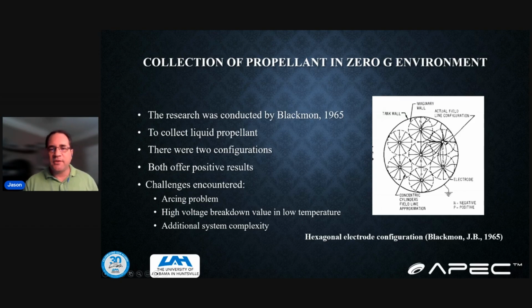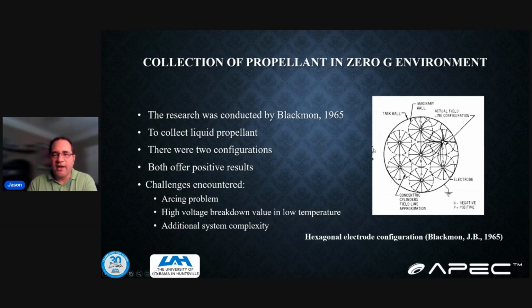So Blackman's work, which was published in '65 in an AIAA paper, looked at it to collect liquid propellant. The idea is to keep the liquid hydrogen propellant for a nuclear propulsion system away from the walls so that it doesn't boil off and leak out. But you have to basically suck it down to the pump so that you can pump it when you restart your propulsion system.